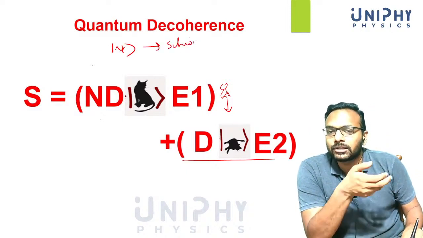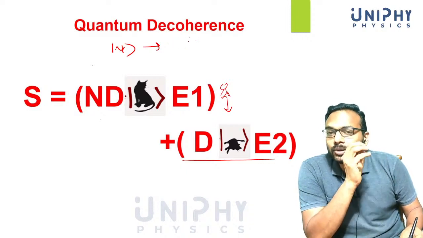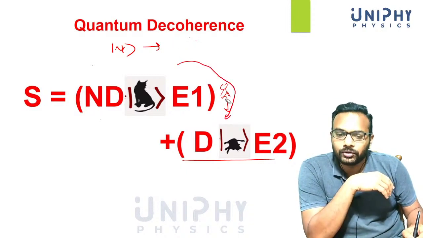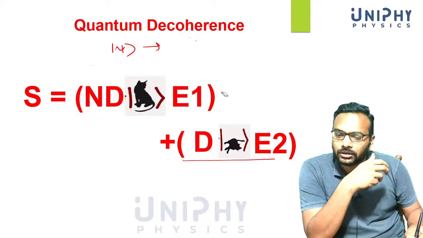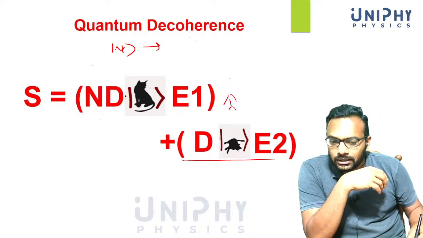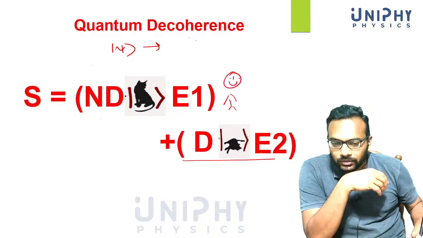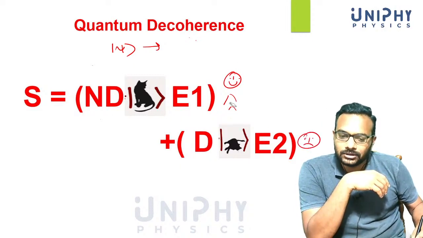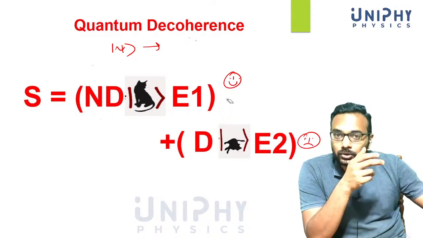You don't have to introduce anything like wave function collapse. There's only an appearance of wave function collapse. What happens is that you become part of the wave function. There is one universe in which you see the cat alive, and you are happy. And there is another universe in which you see the dead cat, and then you are sad. So this would be the total state of the universe, including you.